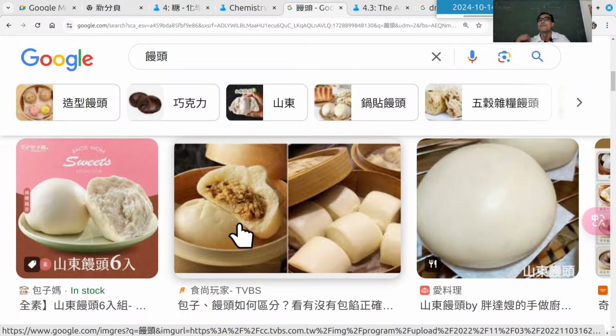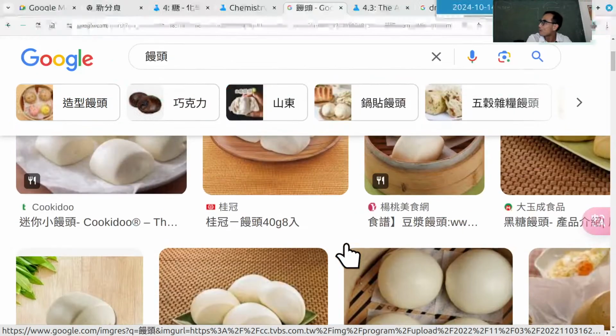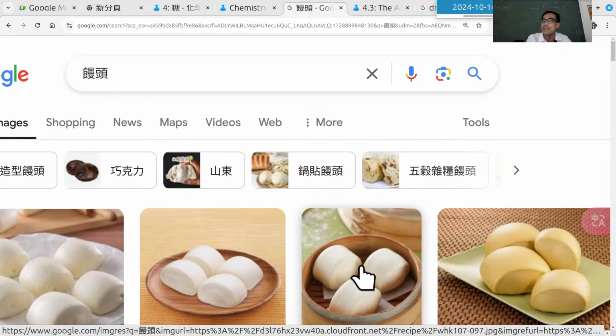You can put the meat, the ground beef, something inside. And I hope when you guys come to Taiwan, you can enjoy foods like this. Personally, I like this one. It's not expensive, maybe $20 for one piece.